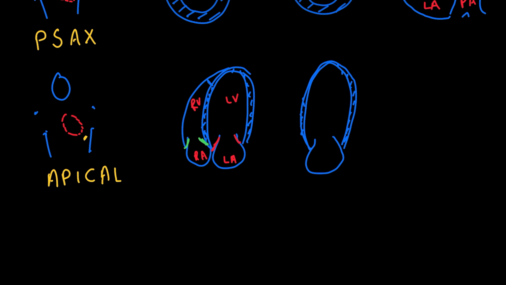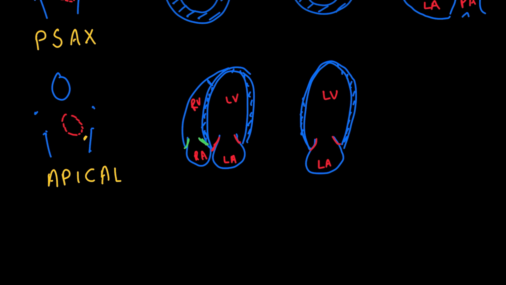So to label these, we've got left atrium, mitral valve, and left ventricle. We'll talk about this view more with wall motion abnormalities. It's helpful to look from two different angles when assessing ejection fraction.